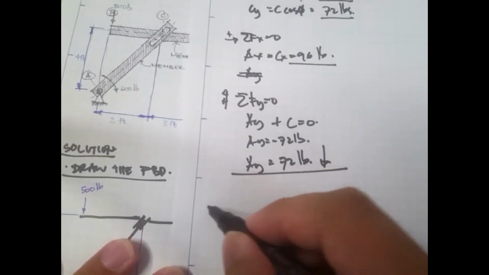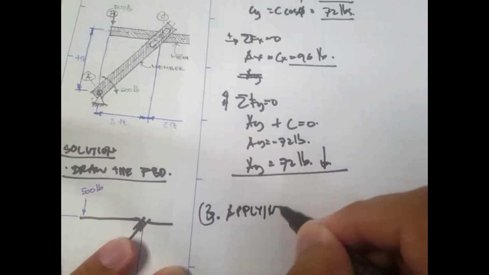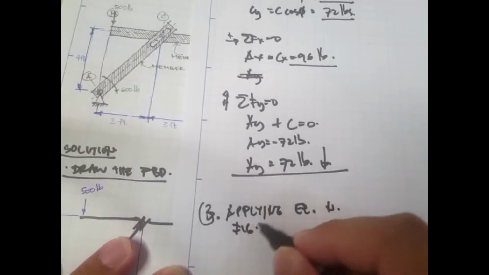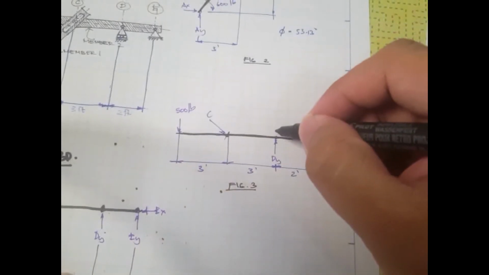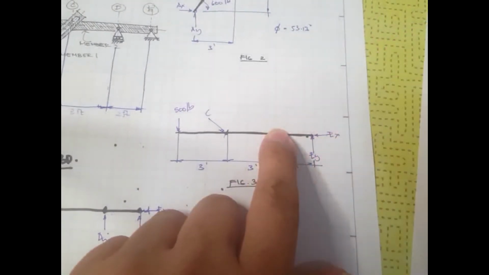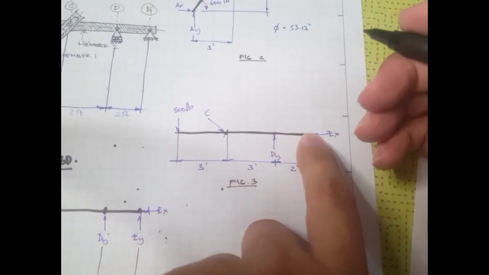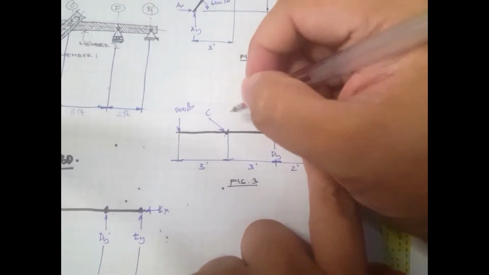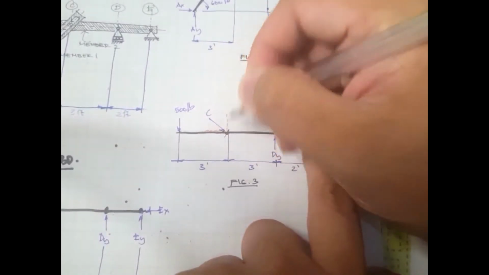Okay, the next step is applying the equilibrium equations in figure 3. Let's take summation of moment at D, or at E. I think at E. If you take summation of moment at E, by the way, this must be expressed in terms of components.